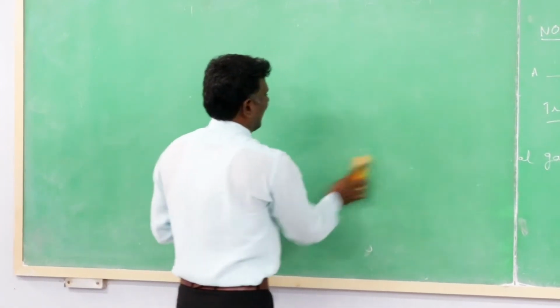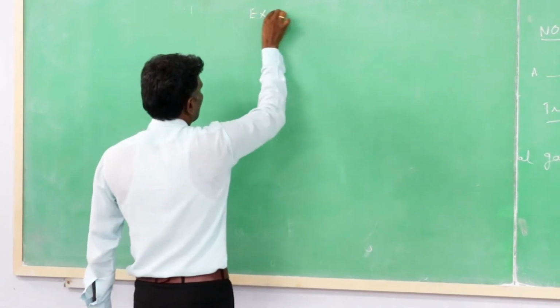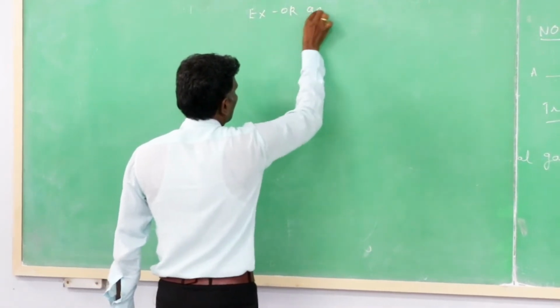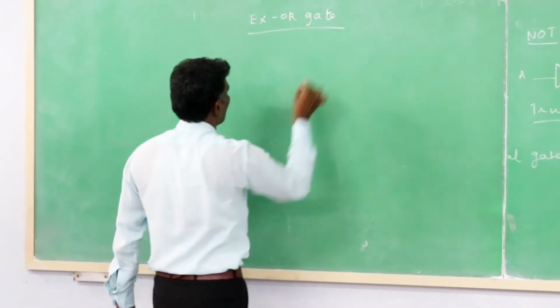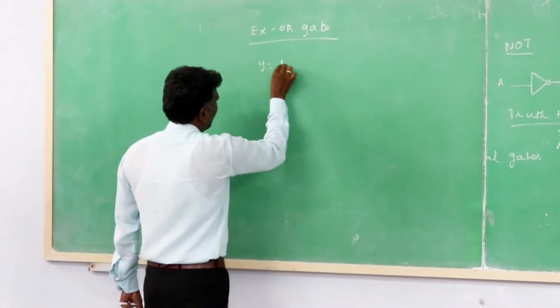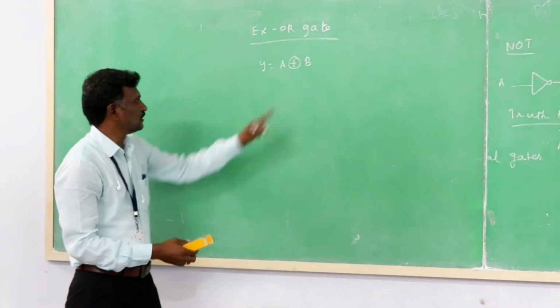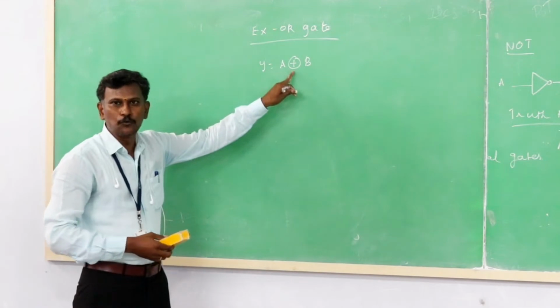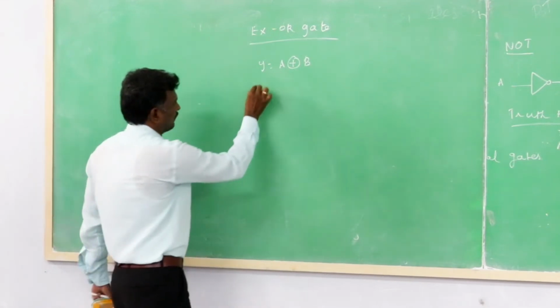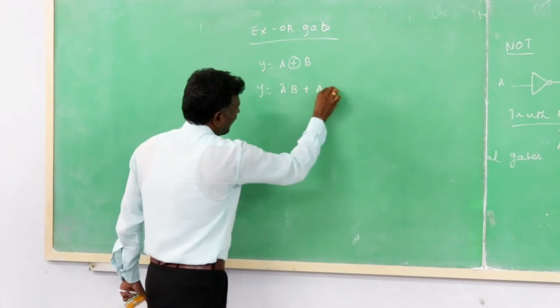Next one, the exclusive OR gate. These are other gate functions. Y equal to A exclusive-OR B. This indicates the exclusive OR gate, and it can be written as Y equal to A bar B plus A B bar.